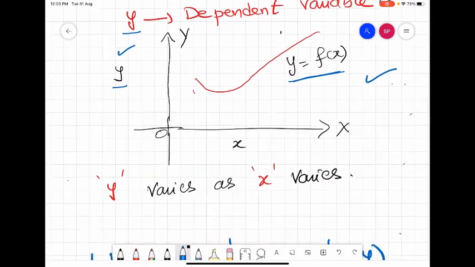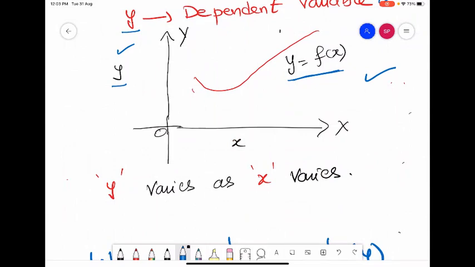As you give the input x, suppose I have given x some value, correspondingly you will have a y value on the curve. If I give x as 2, y may be some value, suppose 3.